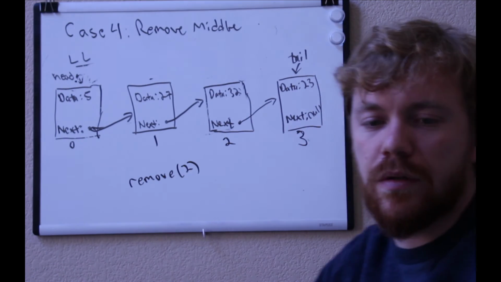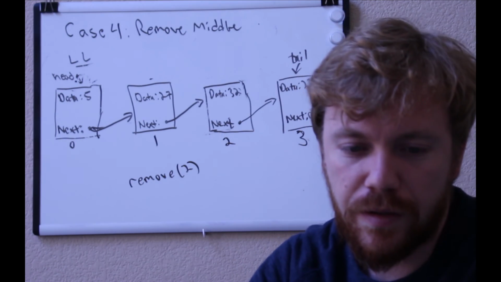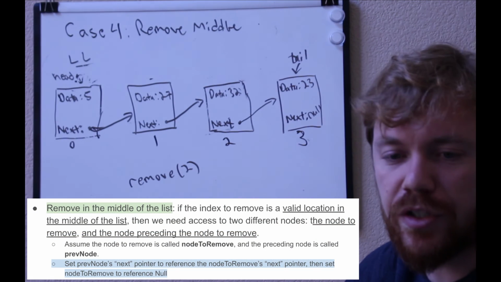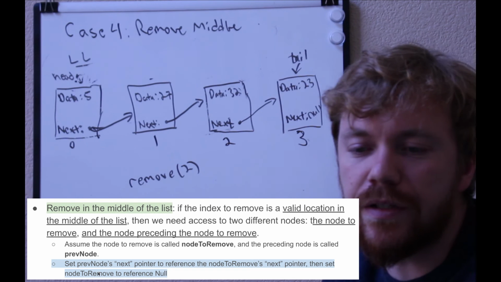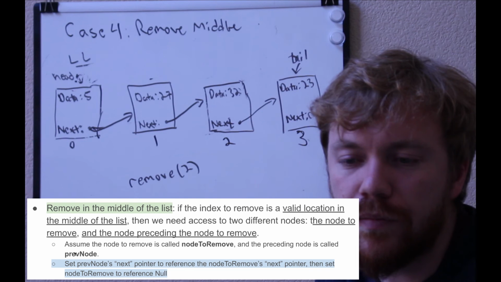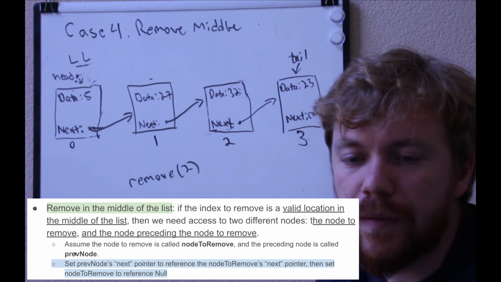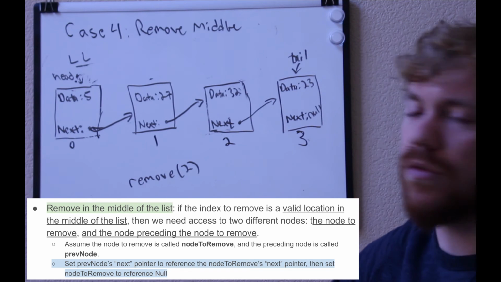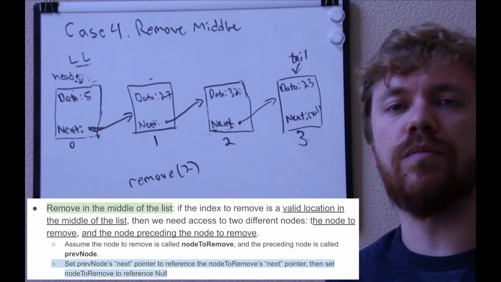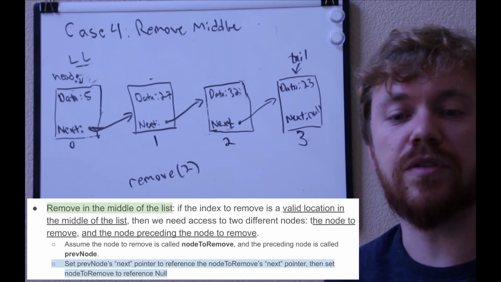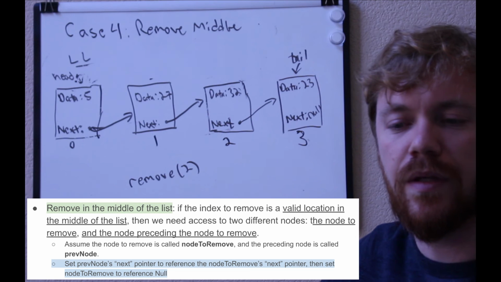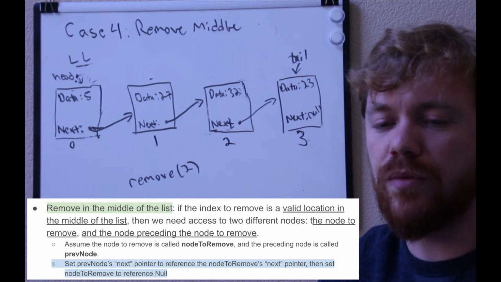If you recall, if we go back to the slide, remove in the middle of the list, this is the condition, and it needed a node to remove and a previous node. And so our algorithm slightly changes. What we need is a node to remove reference variable, similar to the current node reference variable that we had, and a previous node reference variable.